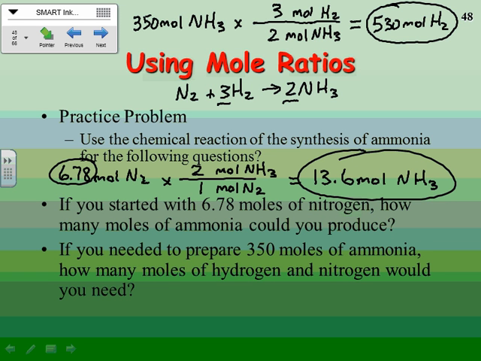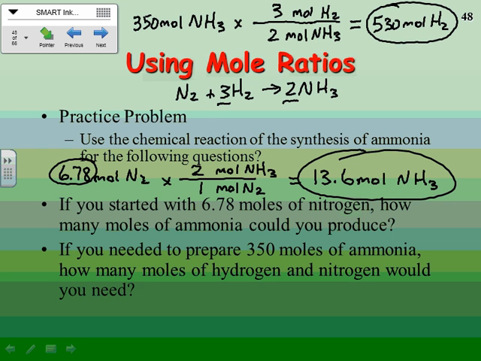What do we think? We can always set this up. If you're confused, just do your dimensional analysis and that's fine. I'm just trying to give you another way to think about it. Does it make sense that it would take half as much nitrogen to make the NH3? Because for every 1 mole of this, you end up making 2 moles of the product. So it would take half as much.